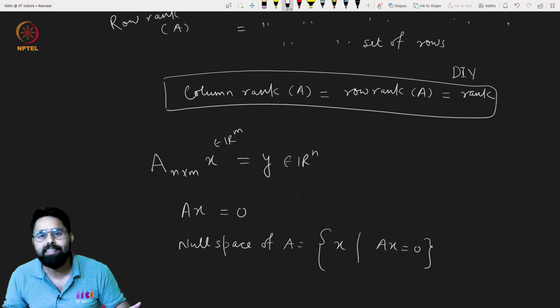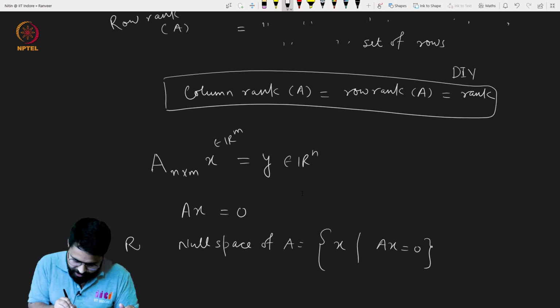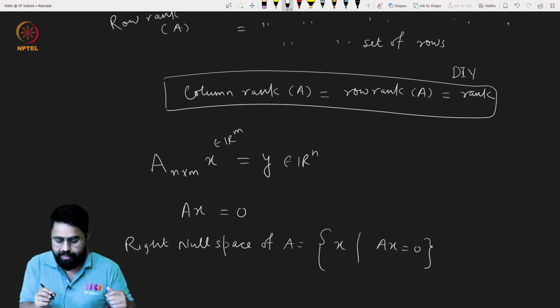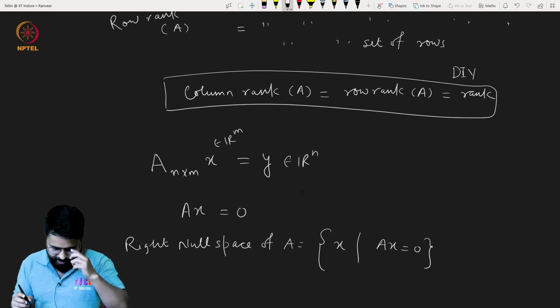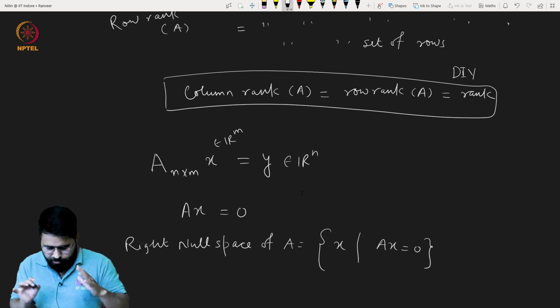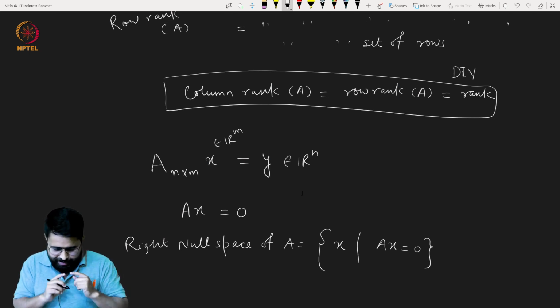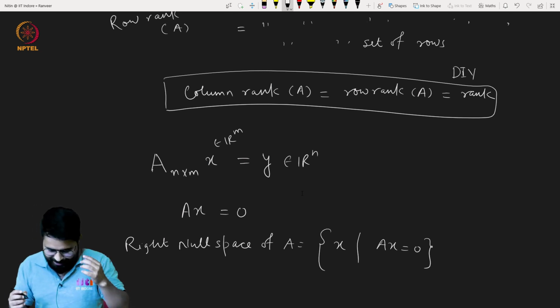Ideally, I should say this is the right null space, because I am multiplying x on the right of A. So to be very clear, let us write right null space of A.